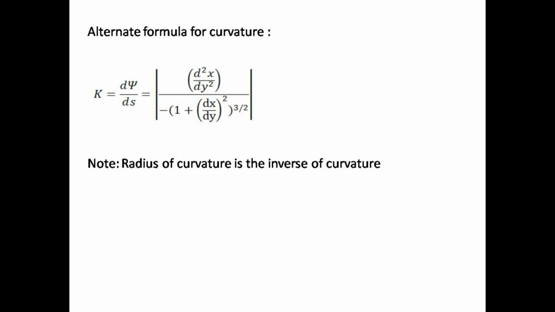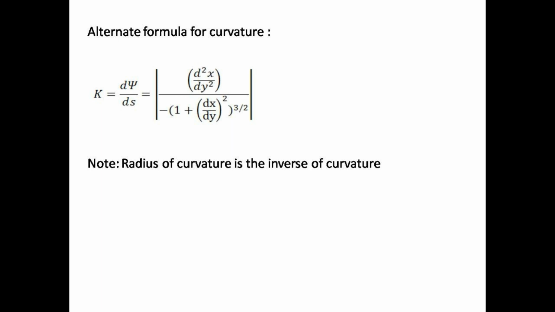But I want to add one more thing regarding when to use this alternate formula for curvature. When you have a point on a curve where the tangent is almost parallel to the y-axis, then you need to use this second formula, because the slope at that point would be infinity, that is dy by dx is equal to infinity, and had we used the earlier formula, then we would get k is equal to infinity over infinity, which is obviously undefined.